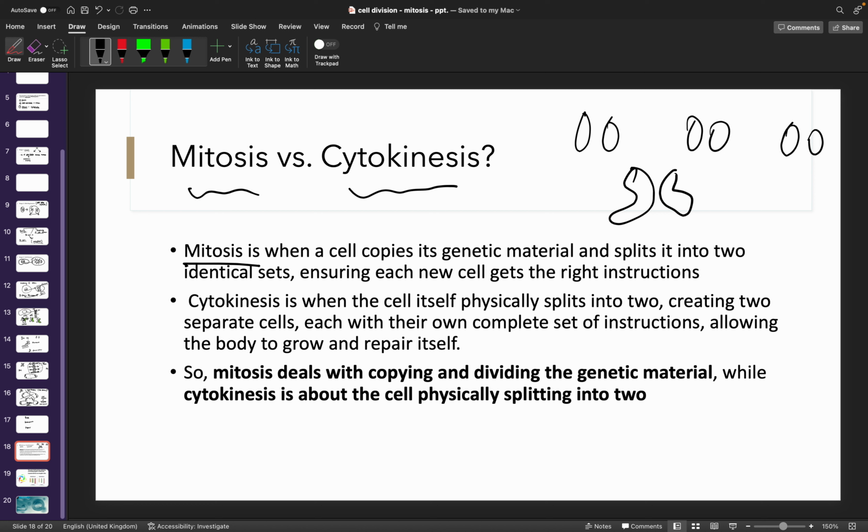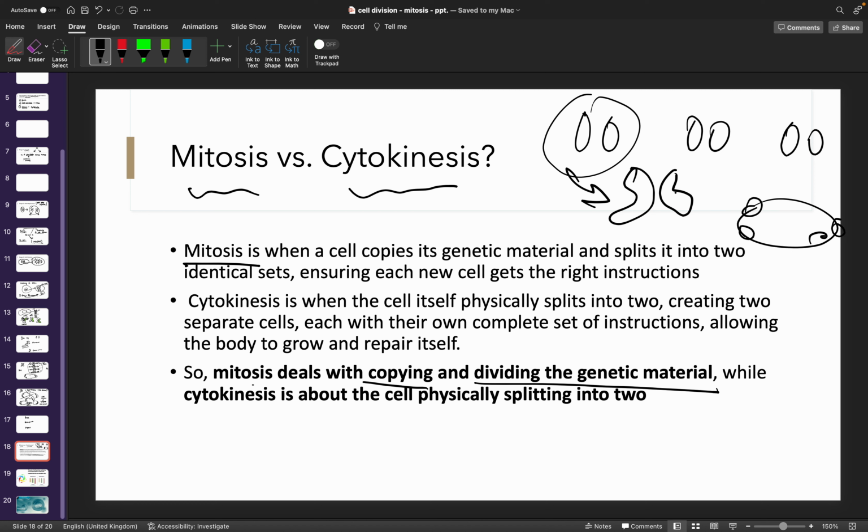Cytokinesis is when the cell physically splits in two with the cytoplasm and the cell membrane pulling apart, right? That's cytokinesis, each with their own complete set of instructions, allowing the body to grow and repair itself. So in summary, mitosis is the copying and dividing of the genetic material. So when you copy the chromosomes into the X, and then the shapes go into each side of the cell.